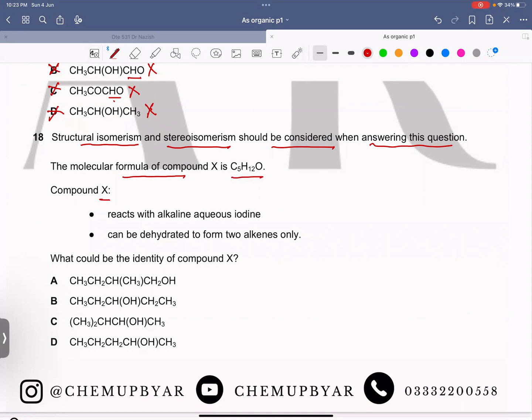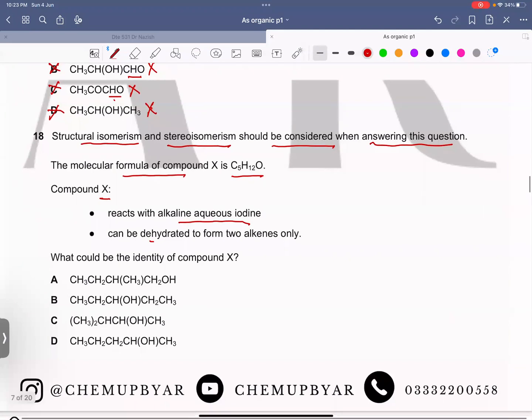The compound X reacts with alkaline aqueous iodine, and can be dehydrated to form two alkenes only.